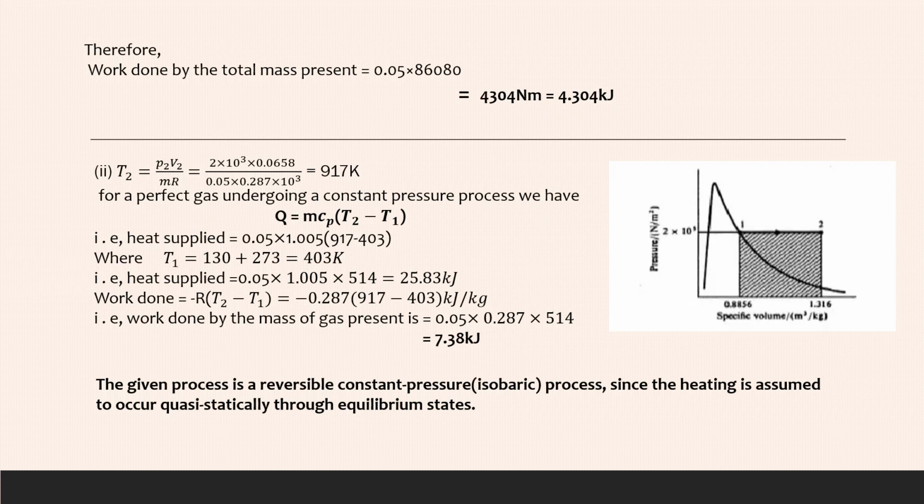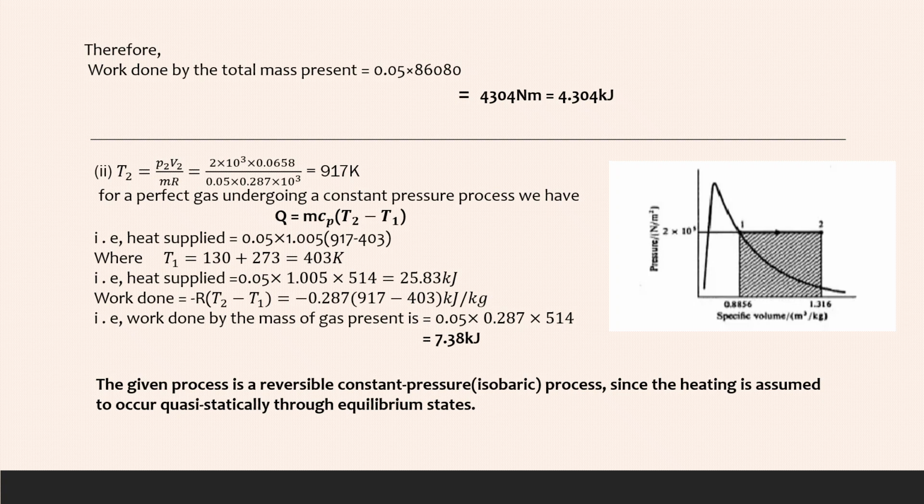Solving for the second sub-question, from the gas law, we have T2 equals P2V2 by mR, which is found to be 917 Kelvin. For a perfect gas undergoing a constant pressure, we have the following formula, where Q stands for heat supplied.